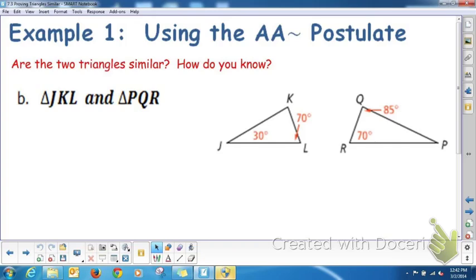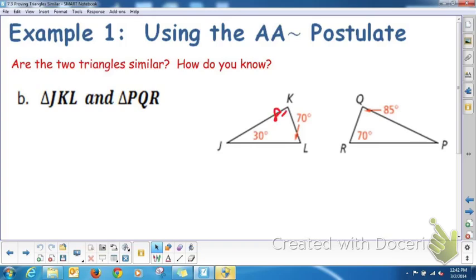Let's take a look at this one. Are the two triangles similar? How do you know? Well, we know that angle J is 30 and angle L is 70. We know that angle R is 70 and angle Q is 85. You also know that all three angles of a triangle equal 180. So how much is angle K? 70 and 30 is 100. 180 minus 100.